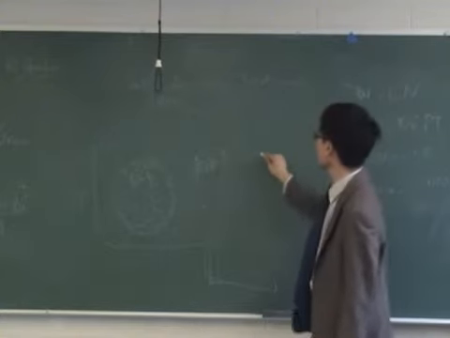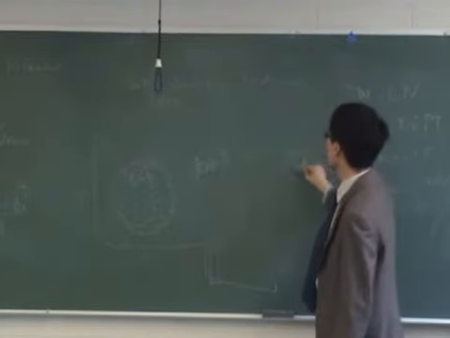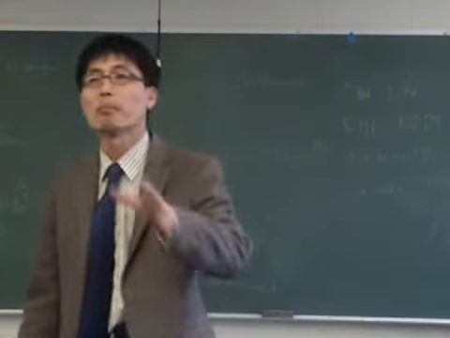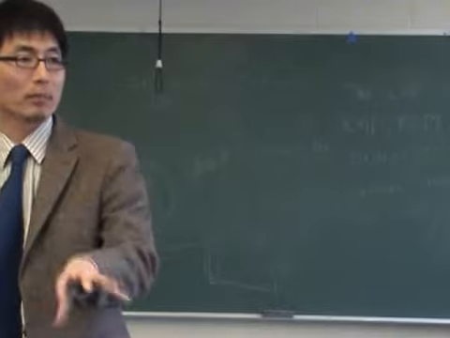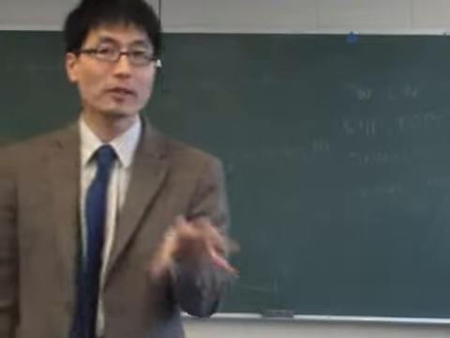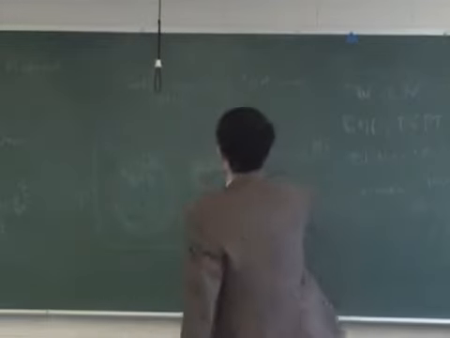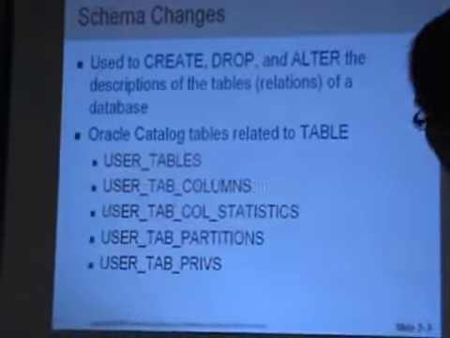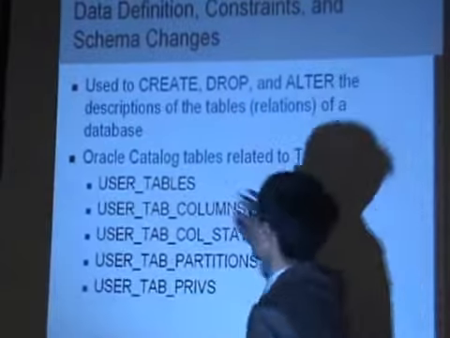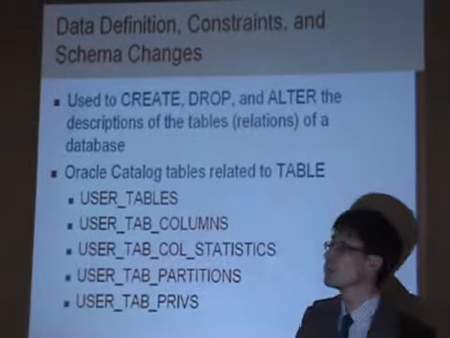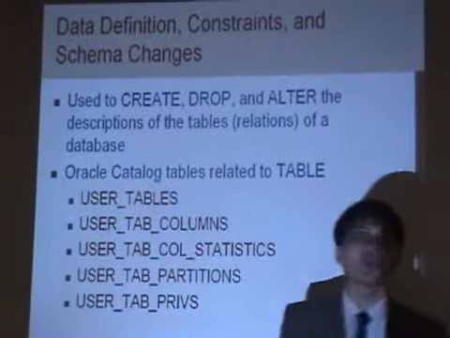This is called the catalog database. So each and every DBMS maintains such a catalog database. The Oracle database that you are going to use also has such a catalog database. For example, when you create a table, the information will be stored in USER_TABLES.